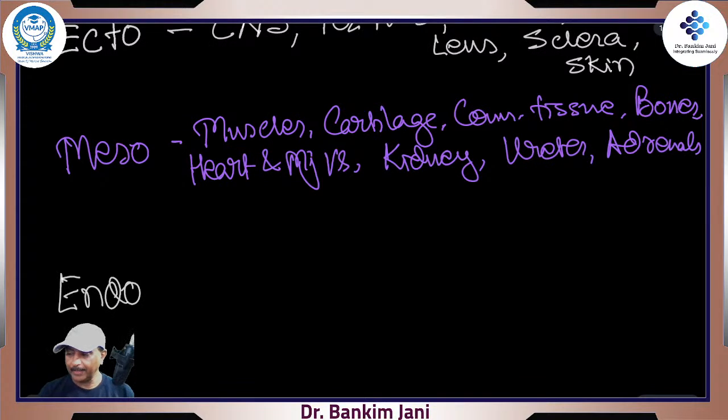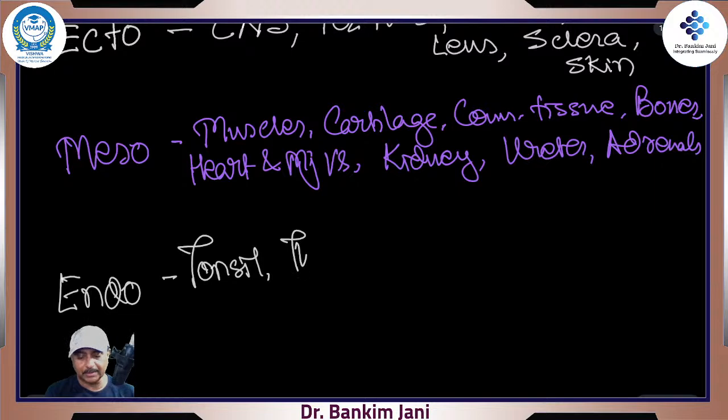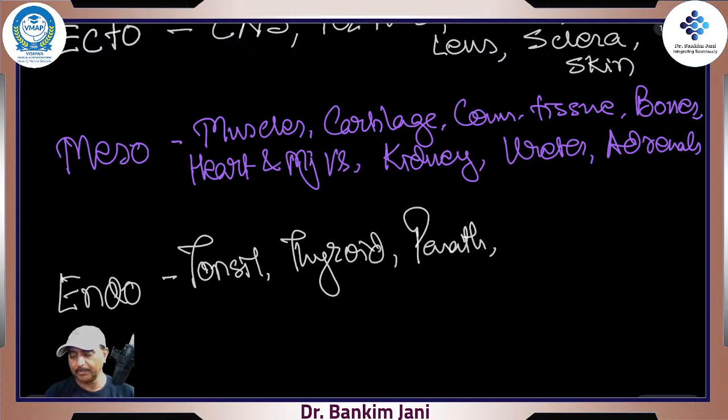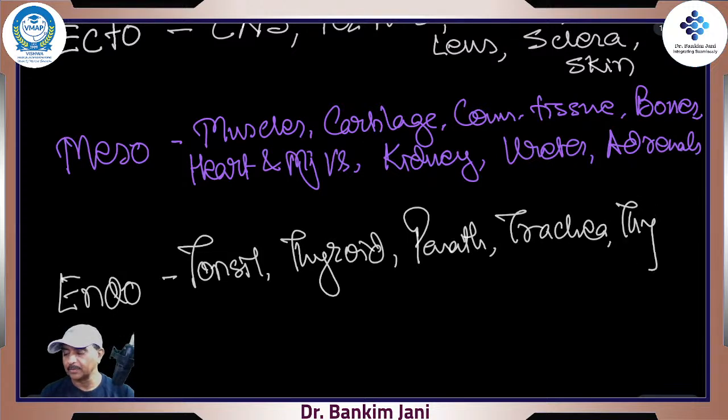Endoderm, endoderm, they are super specialist. See, all the path, GIT. So starting from the tonsil, then thyroid, right? Then, as you go, thyroid, obviously parathyroids, right? Parathyroid, then trachea, right? Trachea, thymus, right?